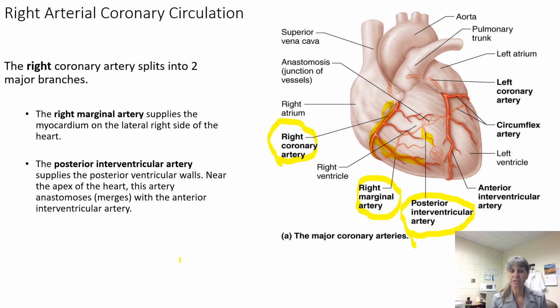So the posterior interventricular and the anterior interventricular arteries actually form a merger or an anastomosis with one another. And you can see that strange little area where they branch out and have little pathways. Those are the anastomoses of the right and left interventricular arteries.